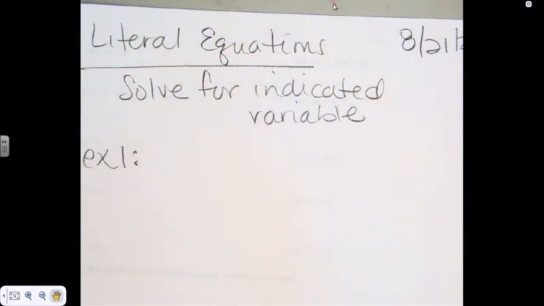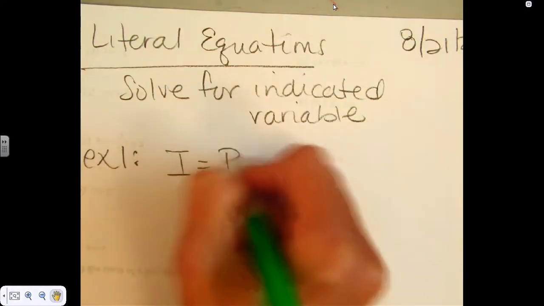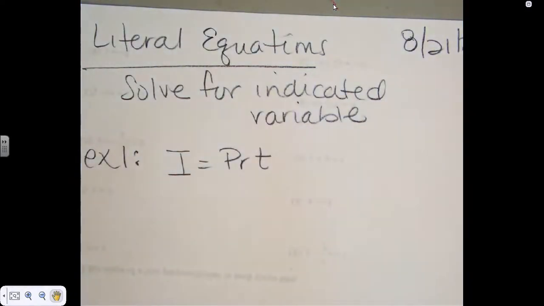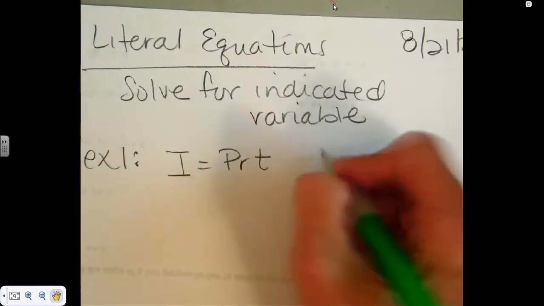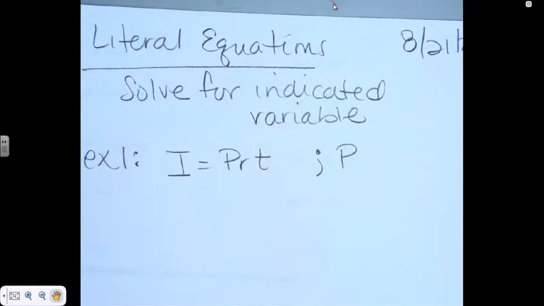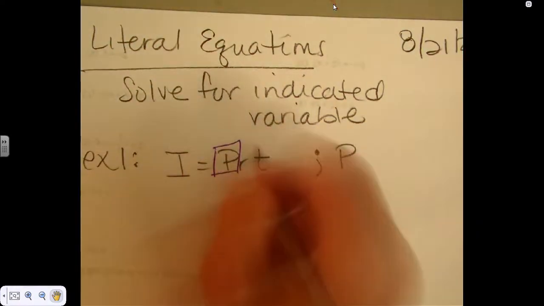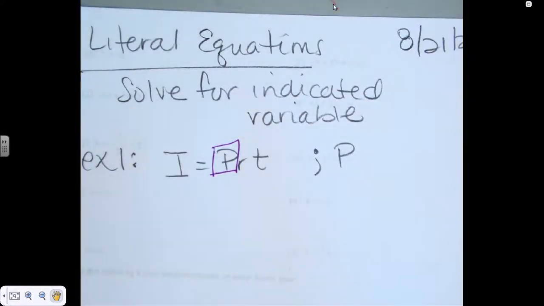Okay, example number 1. We have the formula I is equal to PRT. And what I want you to solve for is P. So what you're going to do is I box in P, and I think to myself, okay, I want to solve for P, so I need to get rid of everything that's on the same side.